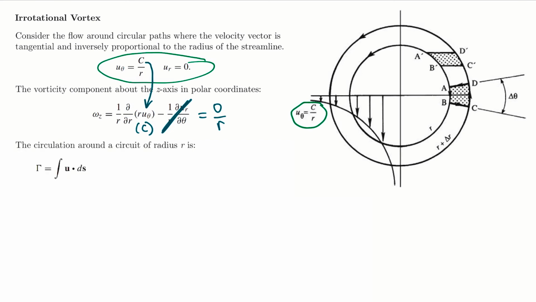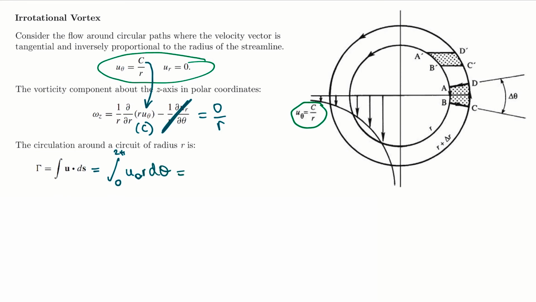We can, however, figure out the vorticity at the origin by considering the circulation around a circuit that encloses the origin, from our relationship between circulation and vorticity. So we can look at a circuit of radius R. Circulation is going to be the same as before, integral from 0 to 2 pi of U theta times R d theta.